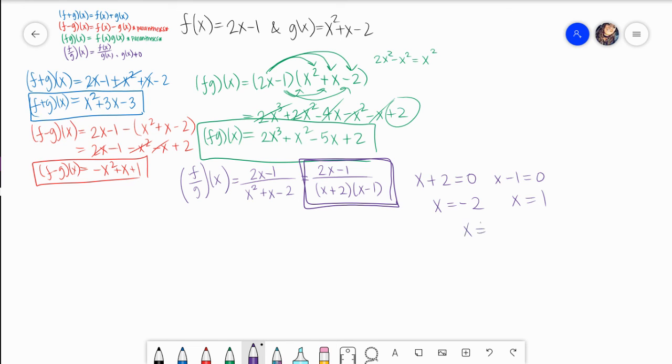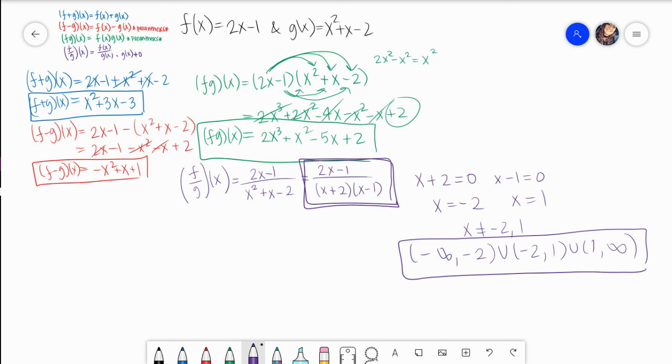So I know that x cannot equal a negative 2, and it cannot equal 1. So whenever I do my domain, what I have is negative infinity to negative 2, combine that with negative 2 to 1, and then we're going to actually union that with 1 to positive infinity. So this is the domain of our quotient function.